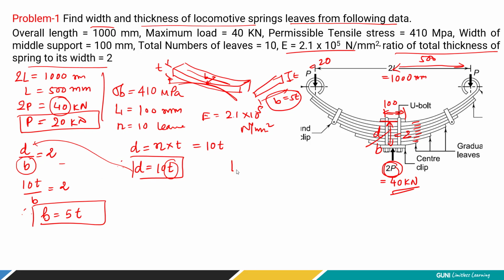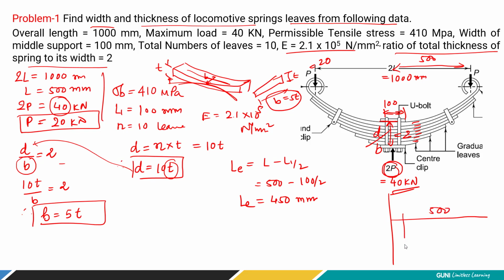Now here, what we have is effective length. We have to consider the effective length. So the total span is L minus L1 by 4, right? So this is 500 and this is 100 by 2. So total what we have is 450 millimeter. What does effective length mean? Let's say this is the span 500.